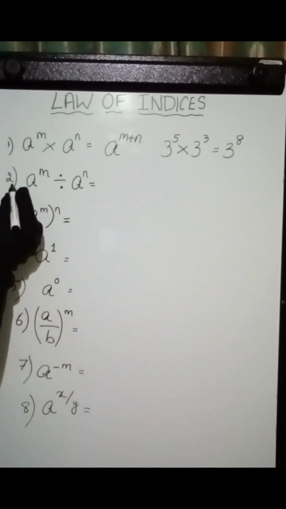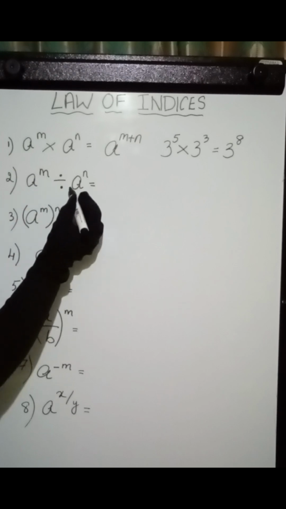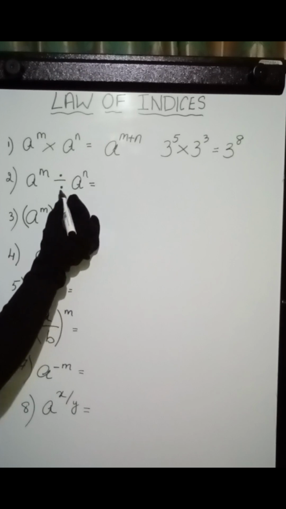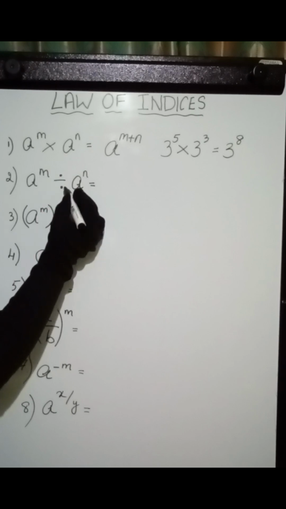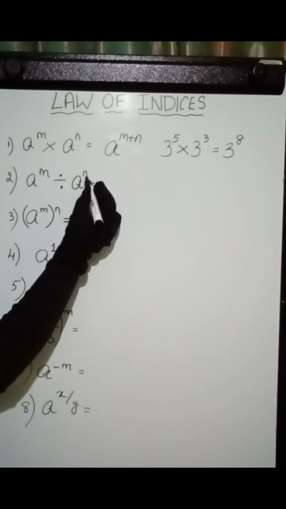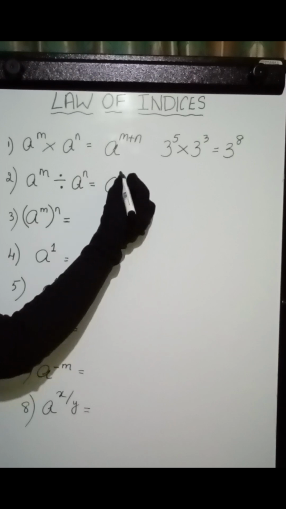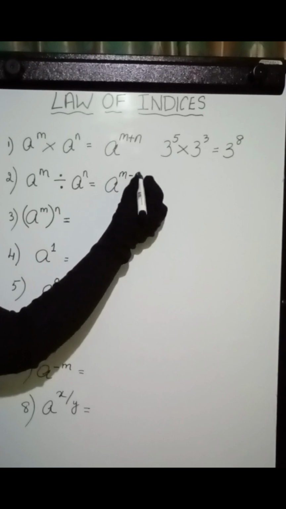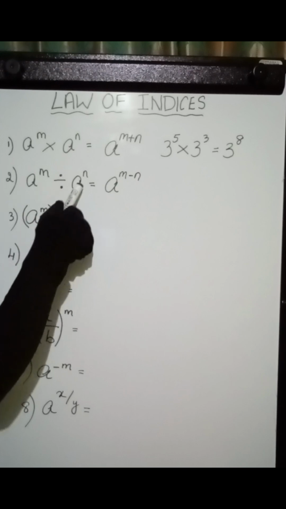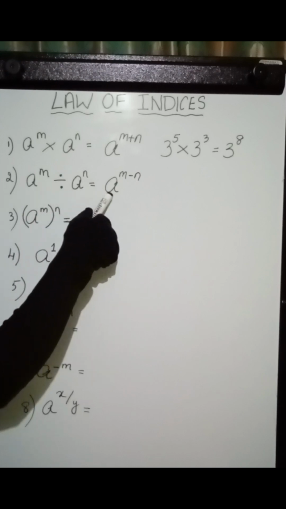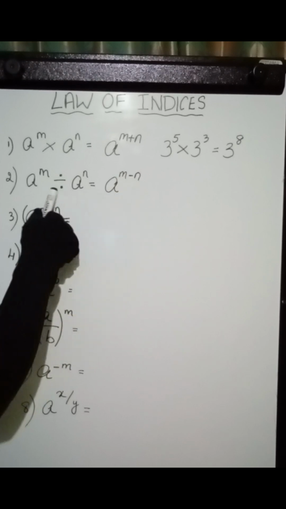So let's get into the second law. When you have a to the power of m divided by a to the power of n, so we have a division sign here where we have a common base, this will be equivalent to a to the power of m minus n. I repeat, a to the power of m divided by a to the power of n will be equivalent to a to the power of m minus n in case of division.